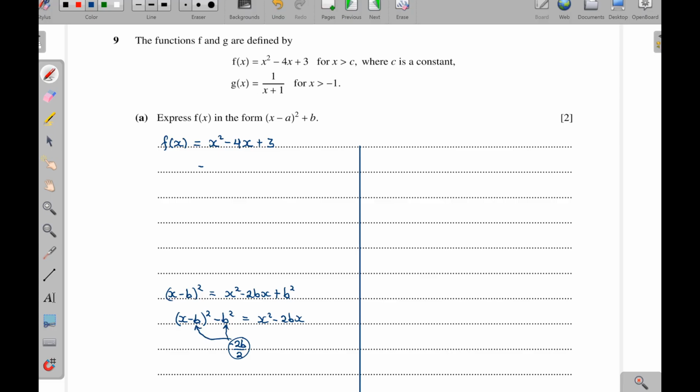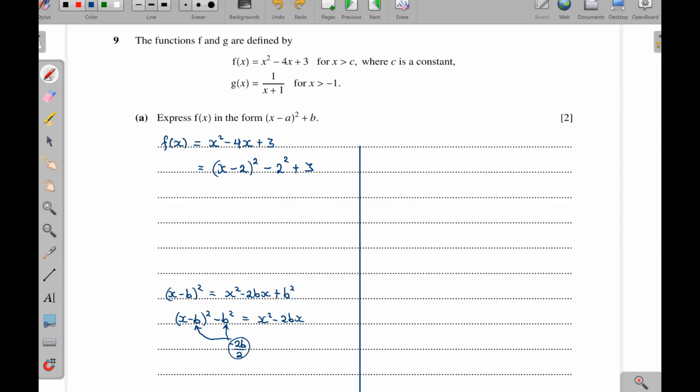So this is the same thing we are going to do here. The coefficient of x here, divide it by 2, you will have a minus 2. So you put it inside here, you square, then you pop it out here, you have minus 2 squared. So we are always having a minus here because you have seen this one is crossing the equal signs. You see that? Then there is a plus 3, which is here.